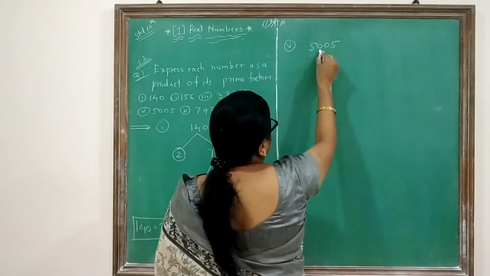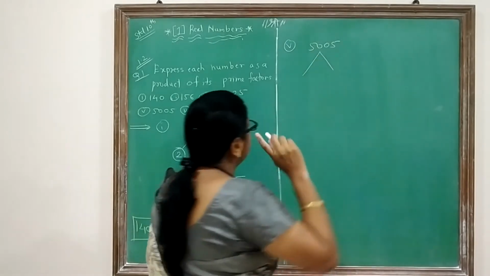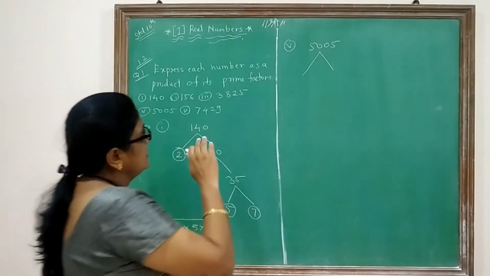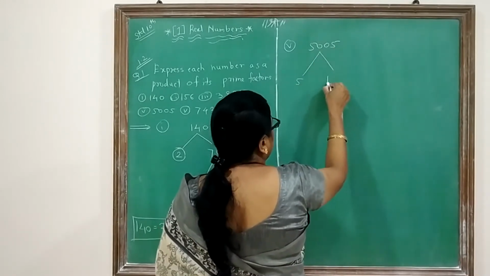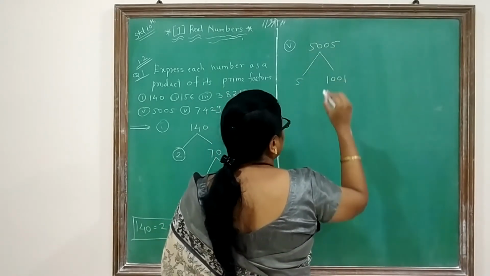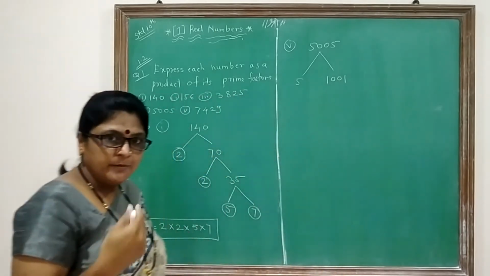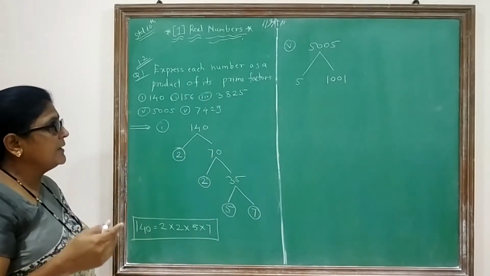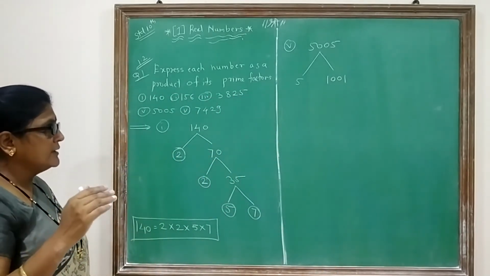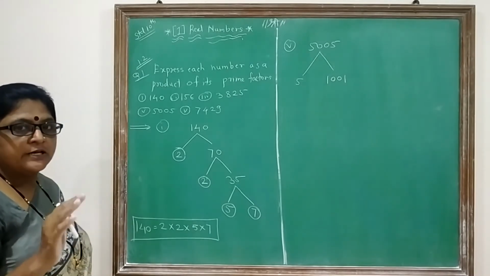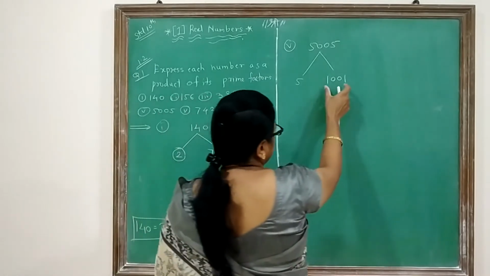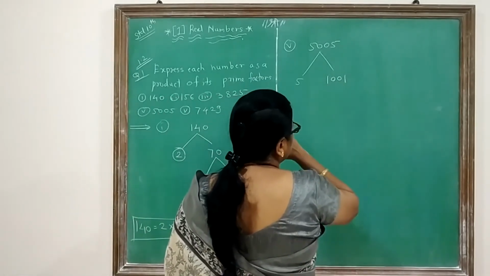Then 5005. Here 3 is not correct, 2 is also not correct. Here 5: 5 1s are 5, 0, 0, 5 1s are 5, so you will divide 5005 by 5 and get quotient 1001.